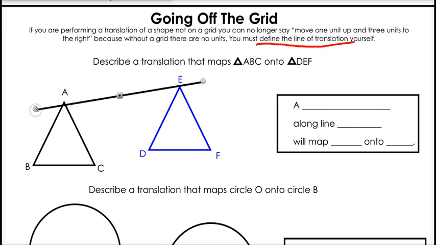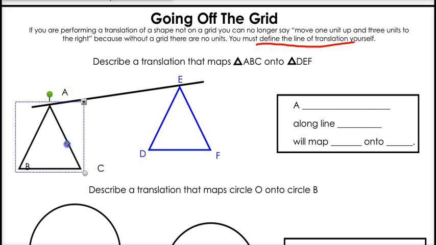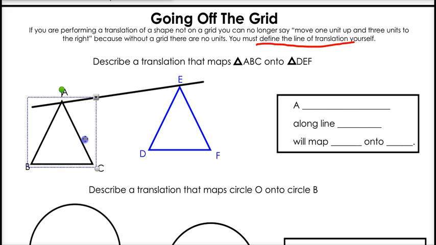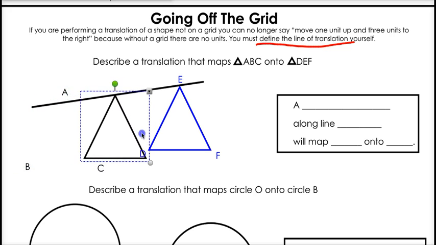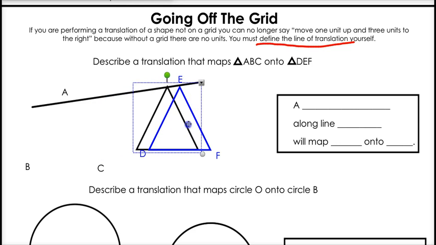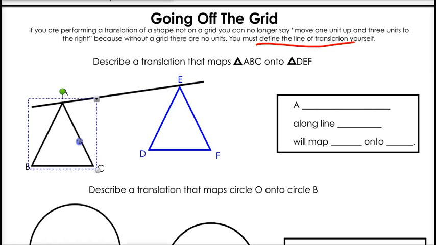This one's kind of messed up. And if you look here, if I were translating this whole triangle along this line, I'm going to just stay on this line that I put here, right? It just stays on that line. If I stay on that line, look, it goes right over it. So, what that shows us is this.